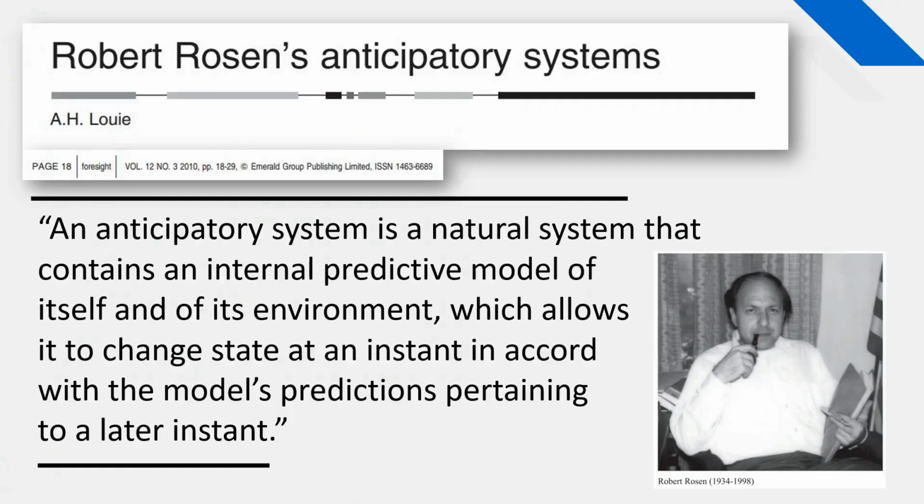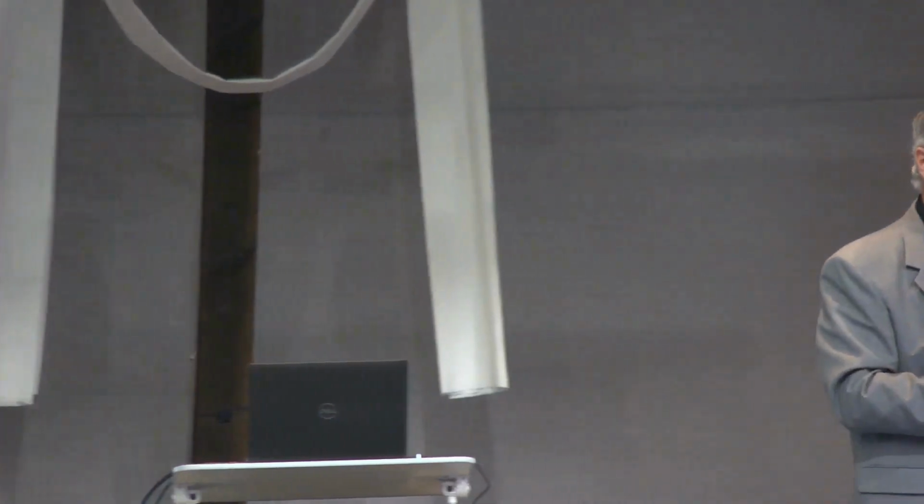This man here, he's passed away. He was, at the time, the world's leading researcher on anticipatory systems. He did a good job of describing what one was. He says, an anticipatory system is a natural system that contains, okay, this is really good, an internal predictive model of itself and its environment. That is really cool. That means it has an internal system that can model what?